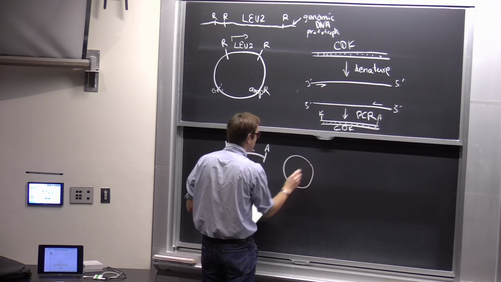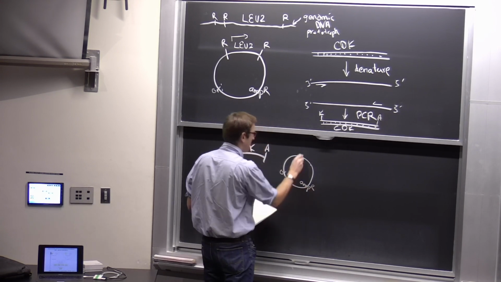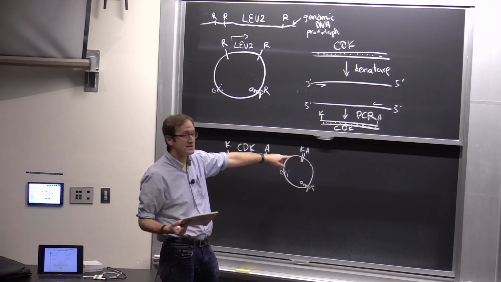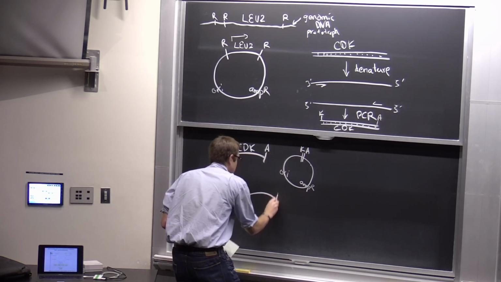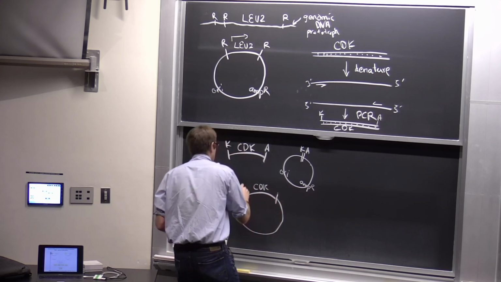And you might have a vector that also has these two sites. And you could digest this vector with these two enzymes. And that would allow you to insert the specific gene in this plasmid.